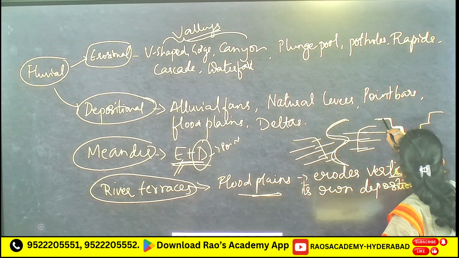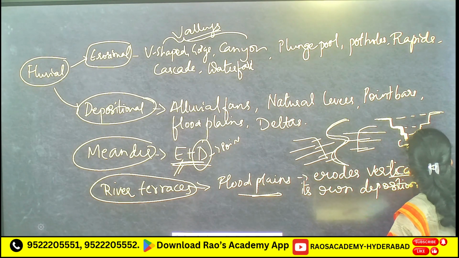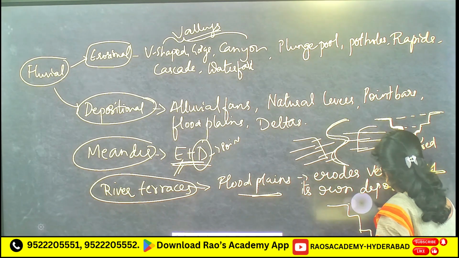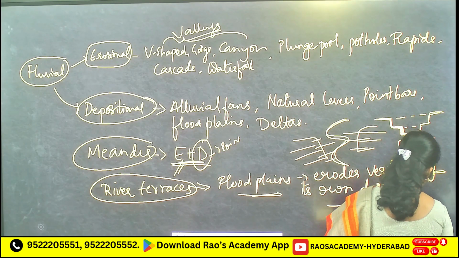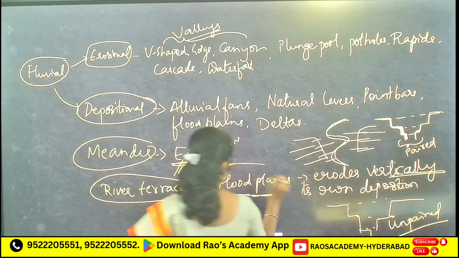When terraces on both sides of the stream are formed parallel with equal height, those are known as paired terraces. When they are not parallel, not symmetrical, they are known as unpaired terraces.